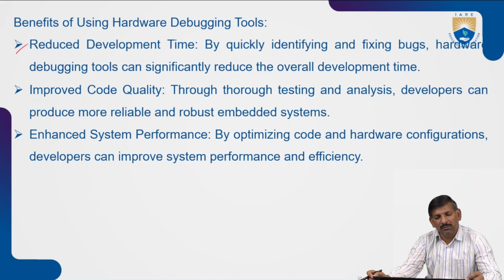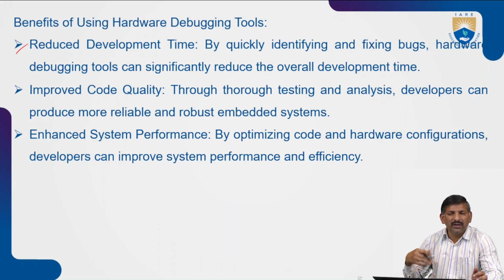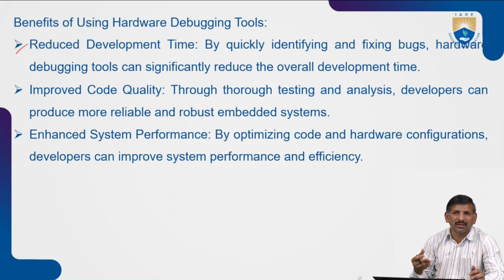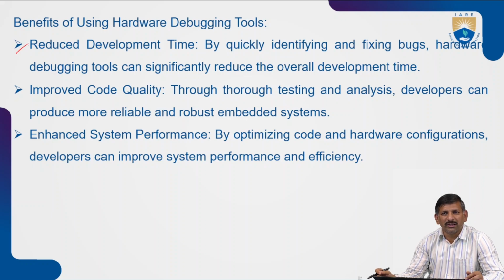Hardware debugging tools can significantly reduce the overall development time. So by using this hardware JTAG or circuit emulator or oscilloscope, we can identify the bugs very fast compared with working without them, and get the desired response by modifying them.